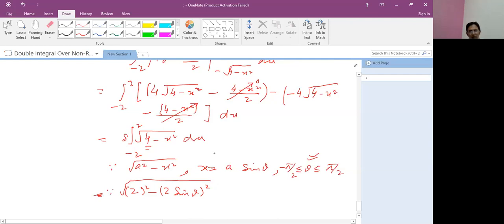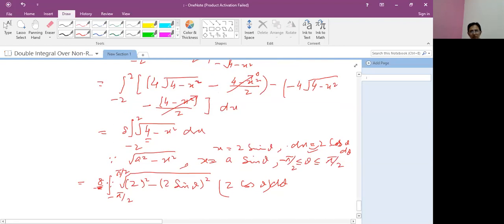If you find the derivative, for example, if x is equals to 2 sin theta, so the derivative of x, dx is equals to 2 times of cos theta into d theta. So dx is equals to 2 times of cos theta into d theta, and the limit of x is converted, it will be minus pi by 2 to pi by 2.